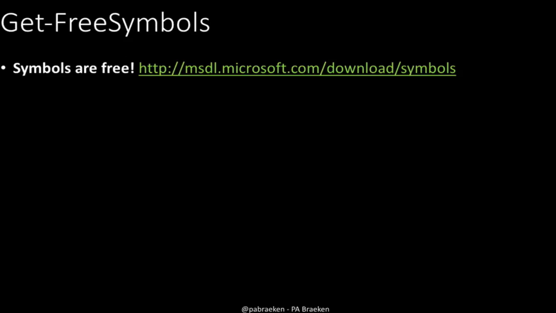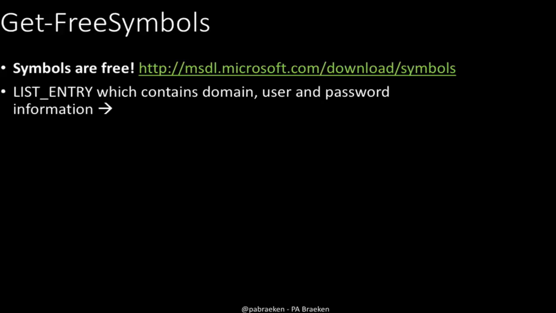So symbols are free. Microsoft publishes them for all versions of its tools, but also for its operating systems, from very old operating systems to the newest. And the symbol we will look for to get the password will be a list entry.